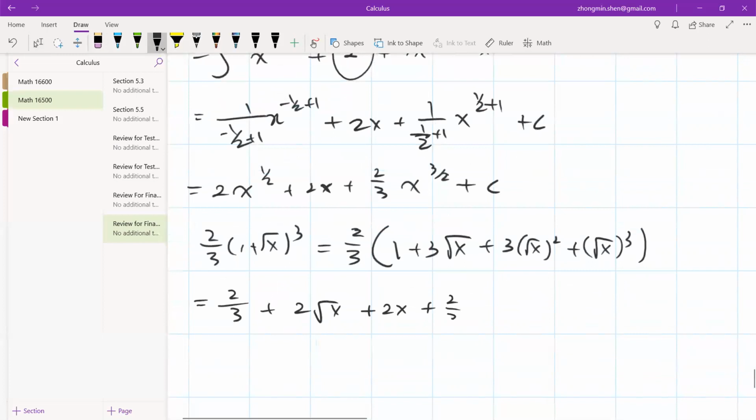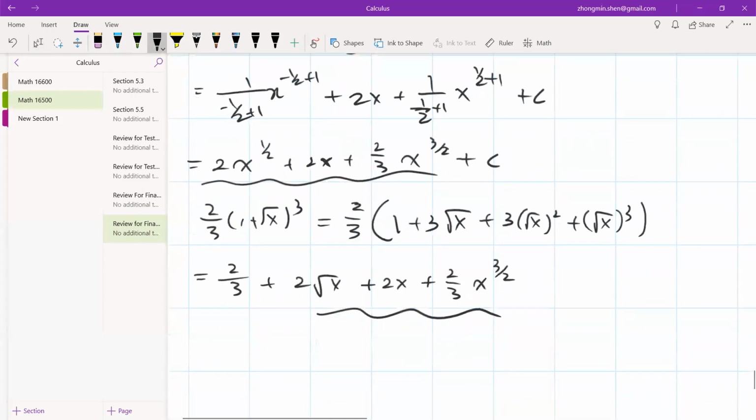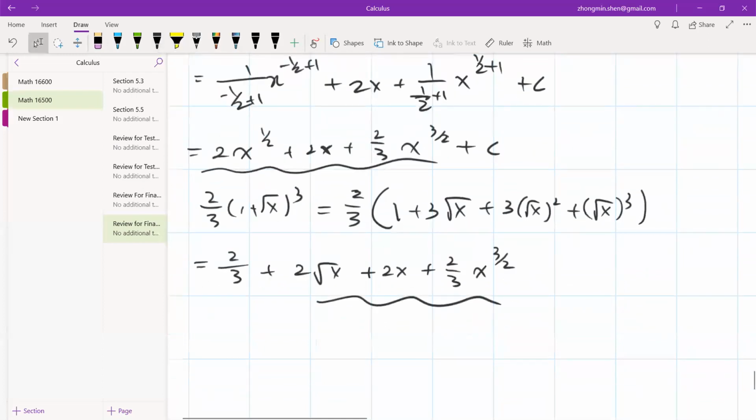That would be 2 over 3 x to the 3/2. When you compare with those 2, it's the same. So it doesn't matter which method you use, you get the same function plus a constant.